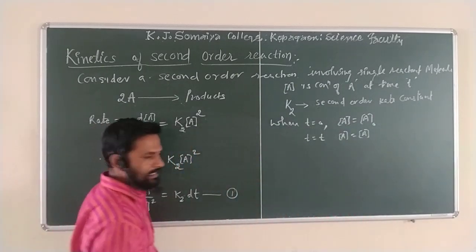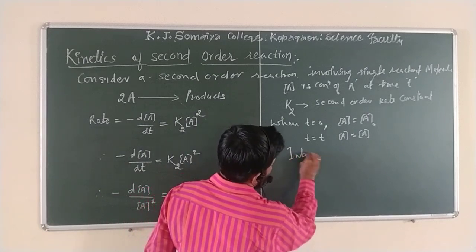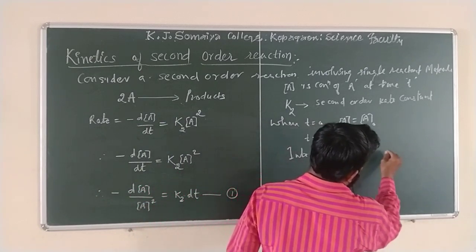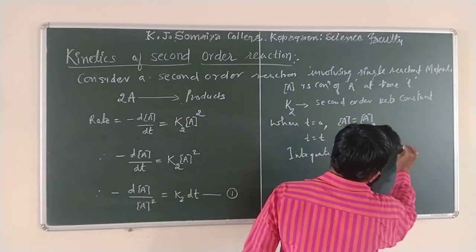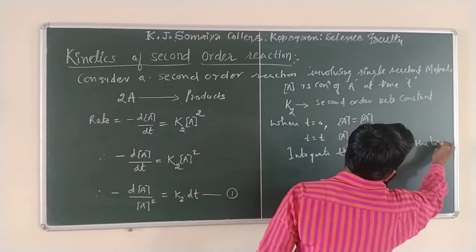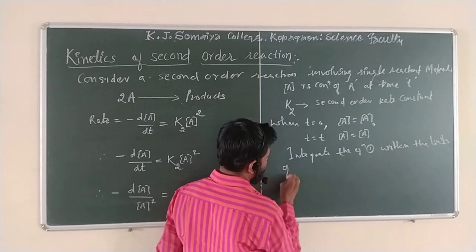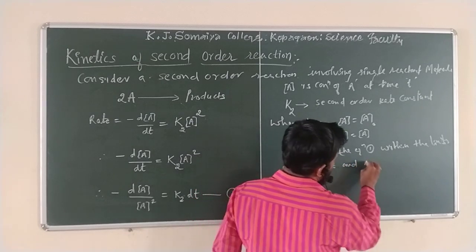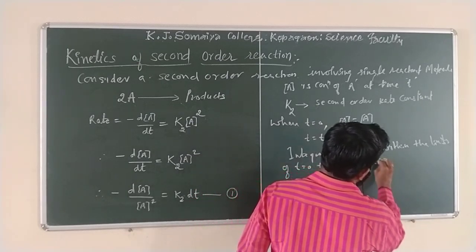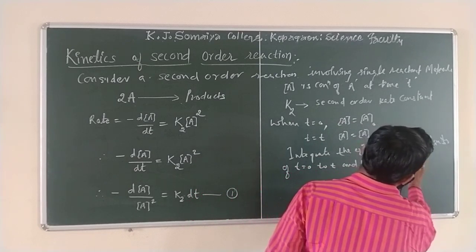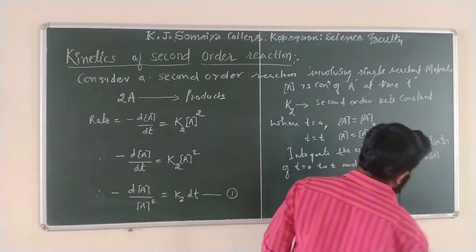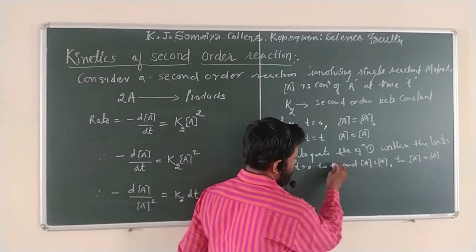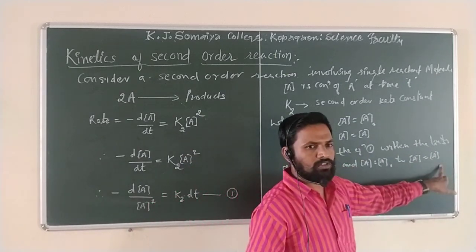Integrate equation number 1 within the limits: t equal to 0 to t, and concentration of A from A0 to A, the concentration at time t. Means when time equal to 0, concentration of A becomes A0. When time equal to t, the concentration becomes A. So this we are going to integrate now.